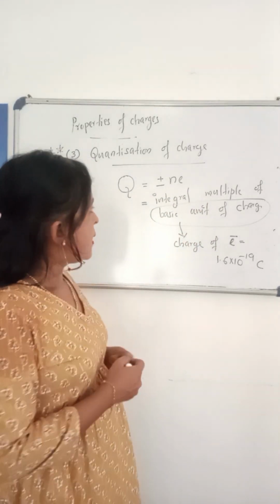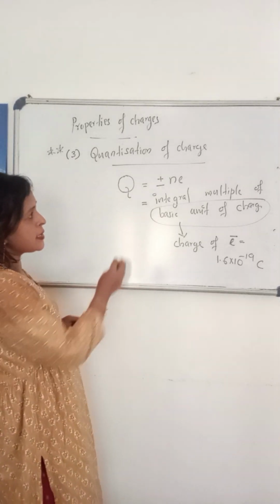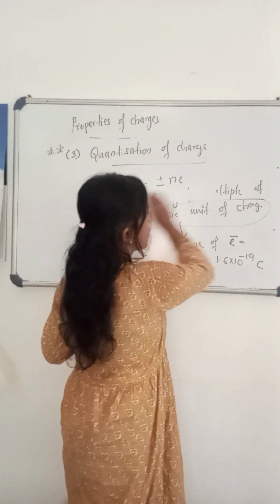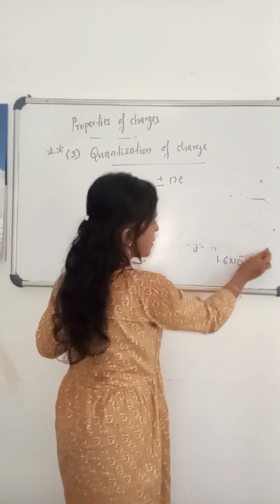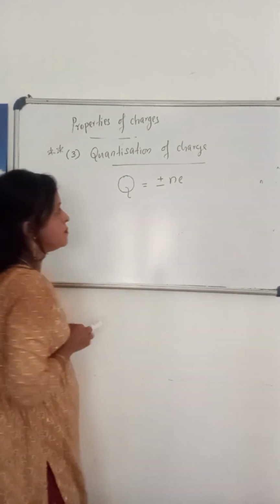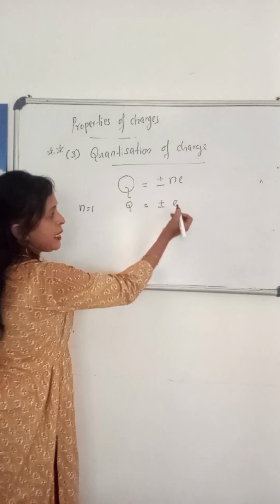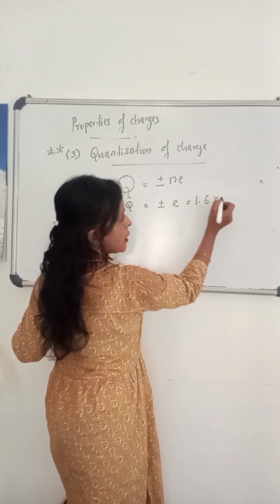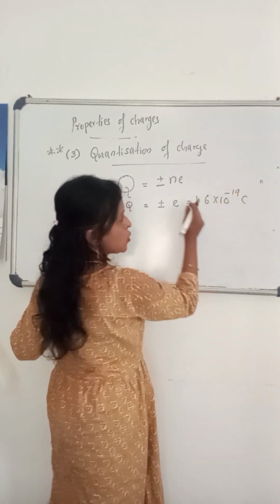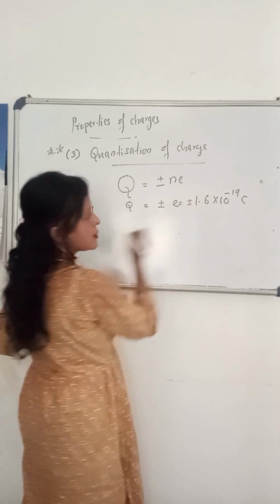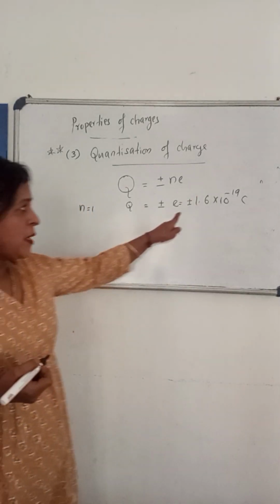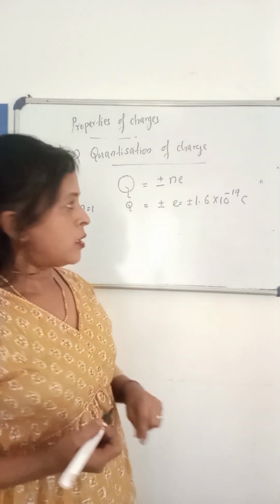If we consider n equal to 1, what is the charge Q? If n is equal to 1, charge is equal to plus or minus e, which is equal to 1.6 into 10 to the power of minus 19 coulomb. Plus means for proton and negative means for electron.